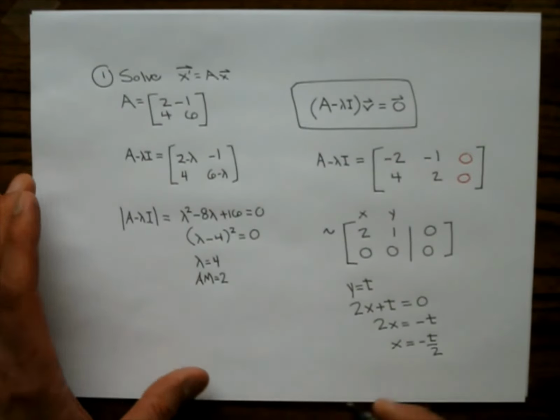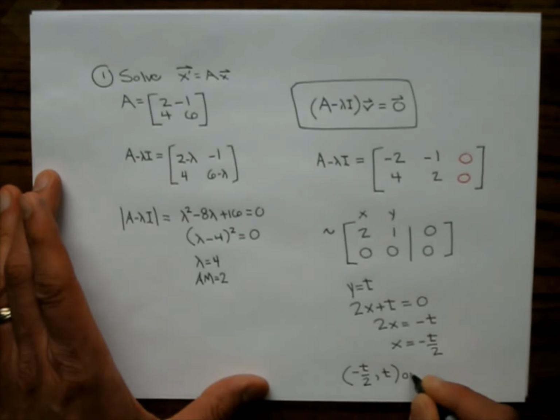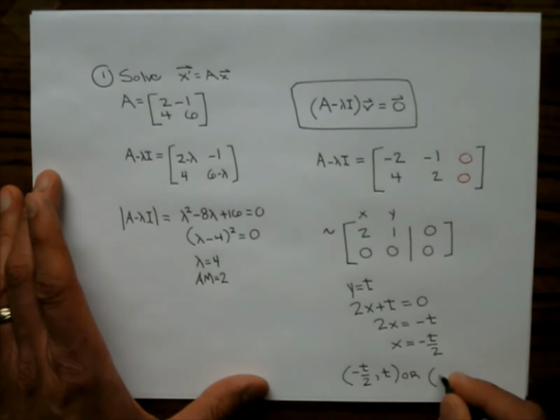So my eigenvectors look like this. They look like negative t over 2, t. Or I could actually write them as, take out a negative 1/2, I can write it as t, negative 2t.